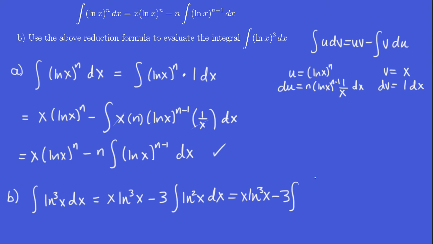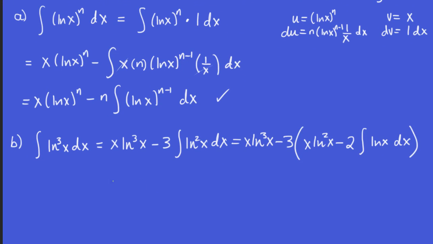Now, I'm not even going to write that integral sign, because to do the integral of ln squared, I go back to my reduction formula, but this time n is 2. So the integral of ln squared is x ln squared x, minus 2, because n is 2 right now, integral of ln x, 2 minus 1 is 1, so that's just a 1 there, dx. So there we are so far.